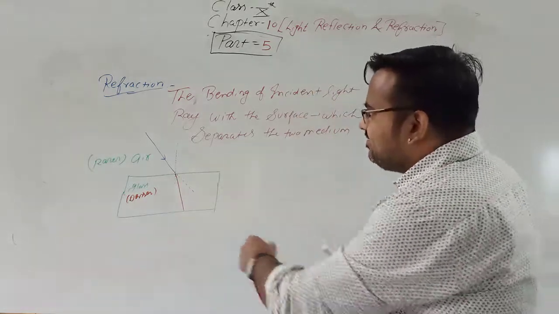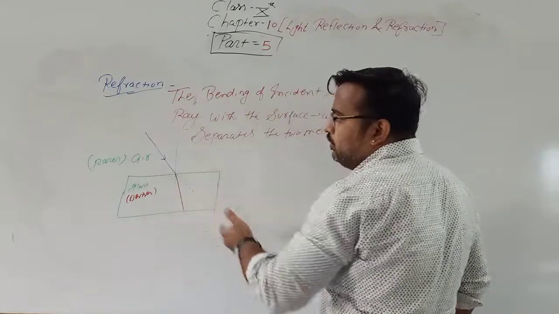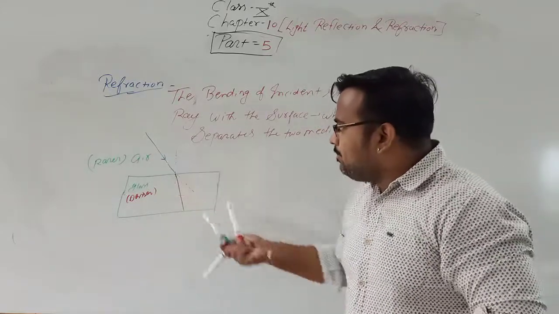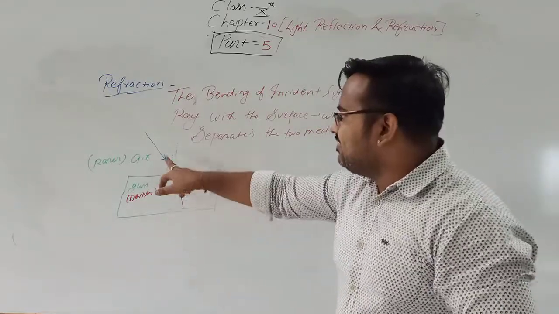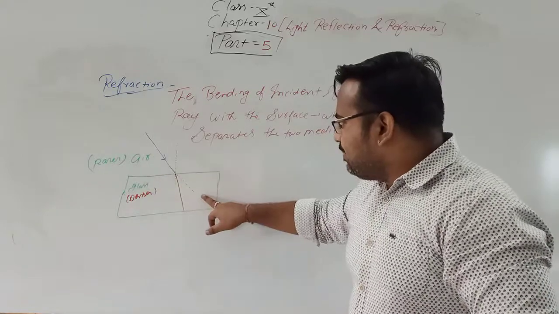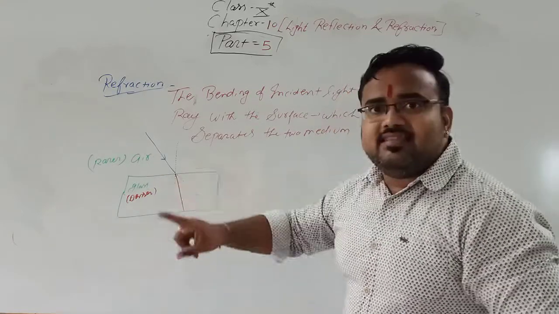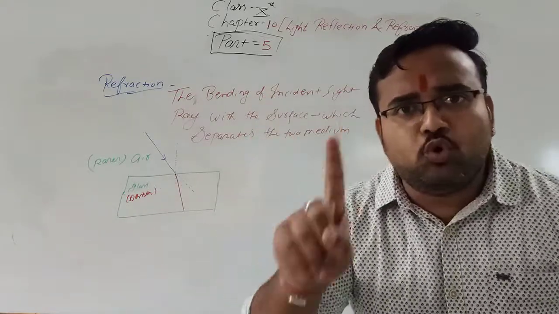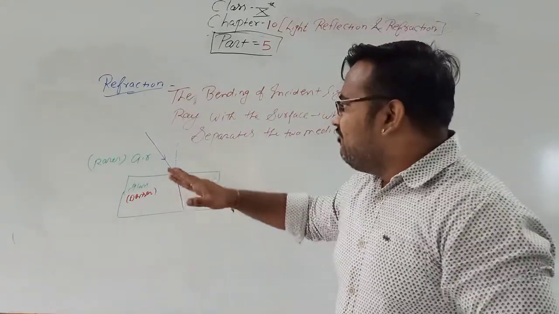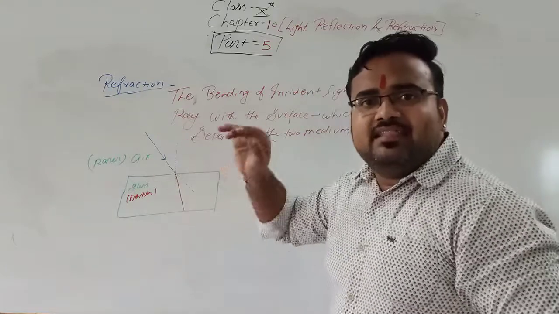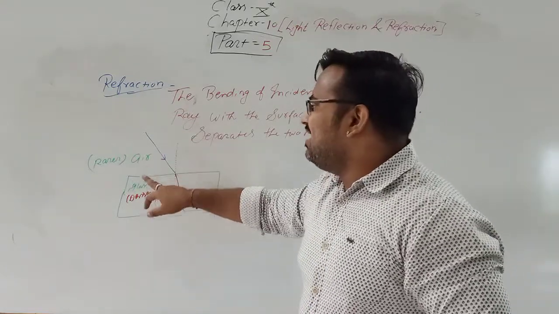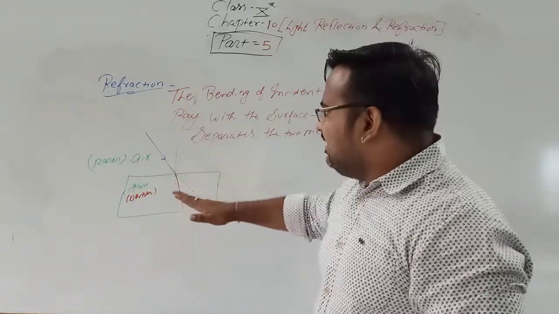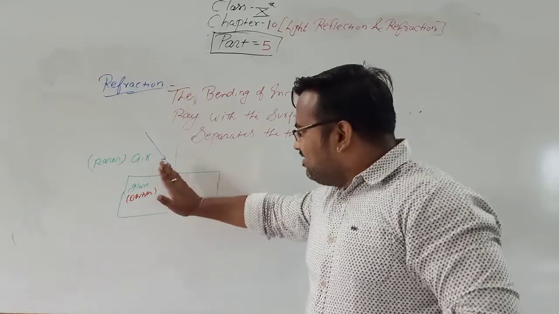See, this is the original path which should be followed by the incident light rays. But since the medium has changed from rare to denser, the first rule of refraction says that when the incident ray comes from rare medium to denser medium, then after refraction it bends towards the normal.